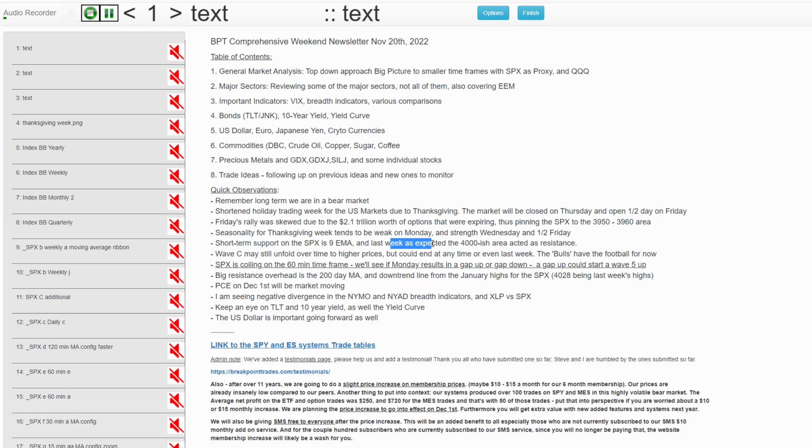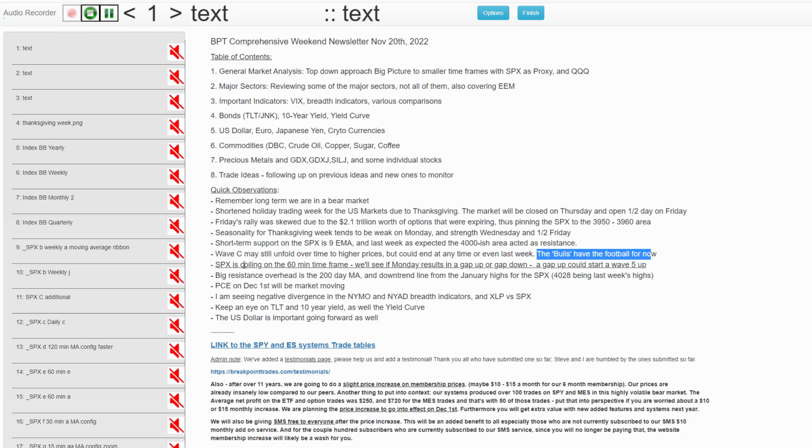As expected, it stalled at that 4,000-ish resistance area that I'd highlighted a week ago and pulled back from there on the first attempt. We're still in this wave C, which may unfold higher, with the 200-day moving average and an open gap from August. For now, the bulls have the football.